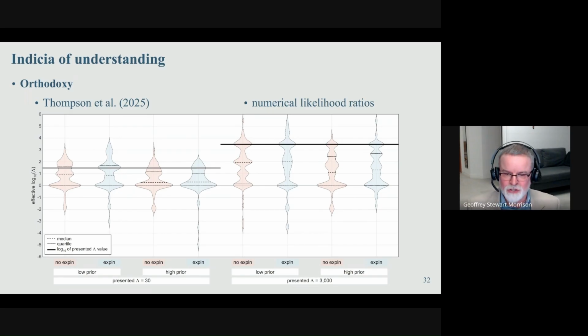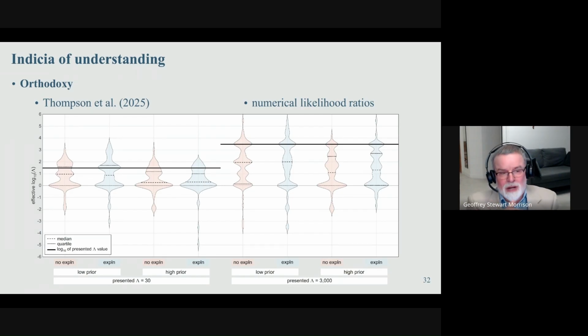Did the explanation help? The blue shading is given the explanation, the red shading is with no explanation. Not immediately obvious. You might look at these two, and in the blue one where the explanation was given, you now see a bulge at the value where the effective likelihood ratio is the same as the presented likelihood ratio, where there wasn't a bulge when there was no explanation. You can look at the others, it doesn't make a difference.